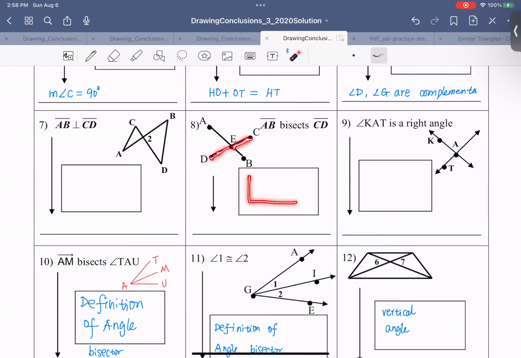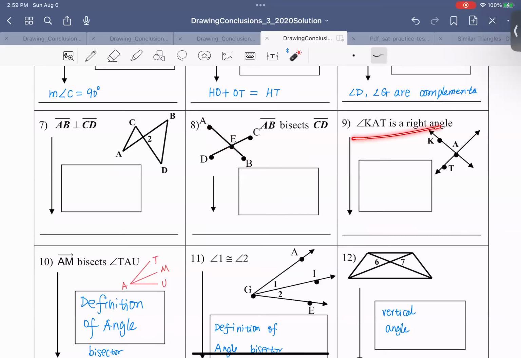Good. The reason is the definition of segment bisector. If you have an angle, that's called an angle bisector. If both are line segments, this is called the segment bisector. Good.